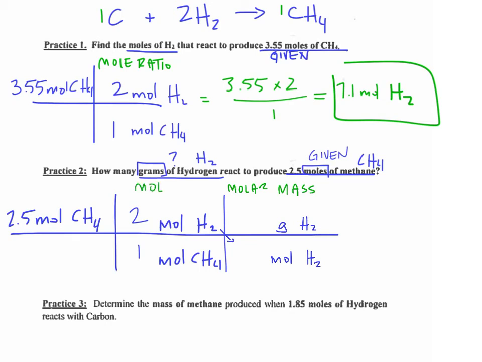This is the mole ratio. So in 1 mole, if I'm looking at my molar mass conversion, 1 mole of hydrogen gas is equal to, well, I've got 2 hydrogen atoms, so that is 2.016 grams.